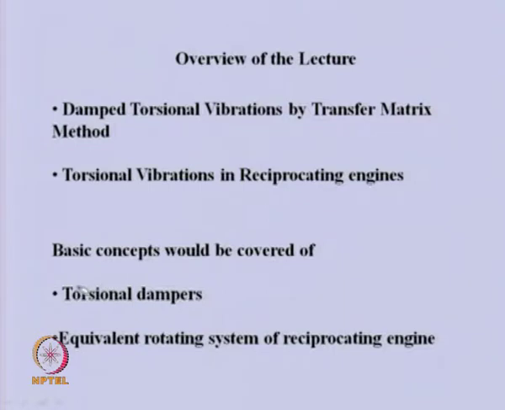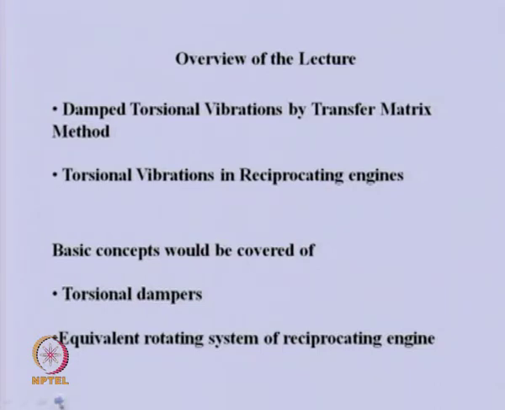In this we will be introducing torsional dampers which will be proportional to the relative velocity between two components, and these torsional damping forces will depend upon the rotational speed either of the disc or the relative twist of the shaft. And we will even be introducing the concept of an equivalent rotating system of the reciprocating engine system.